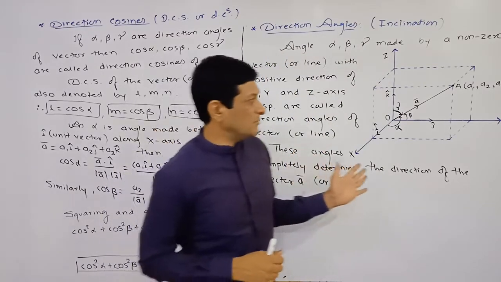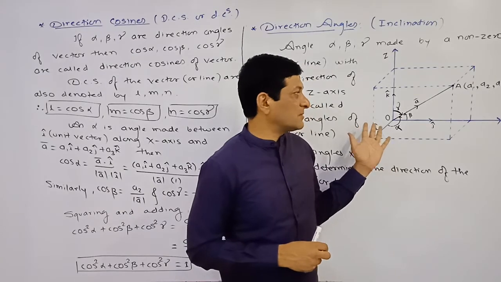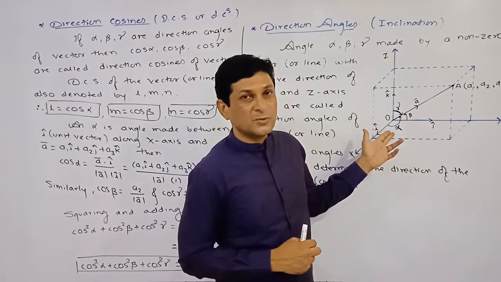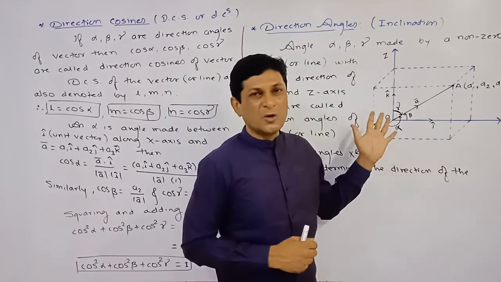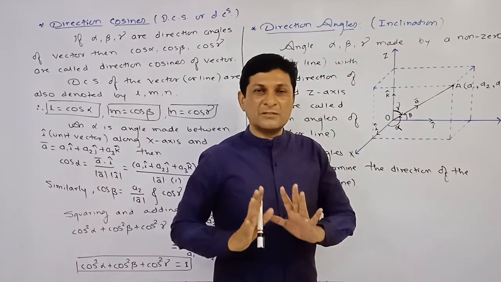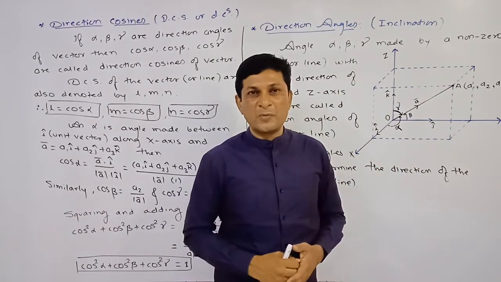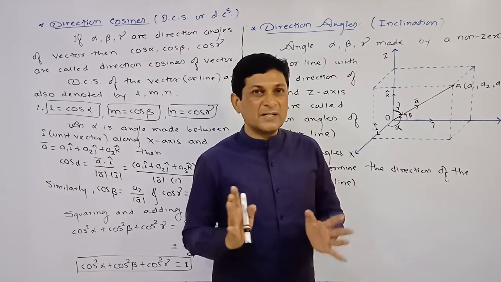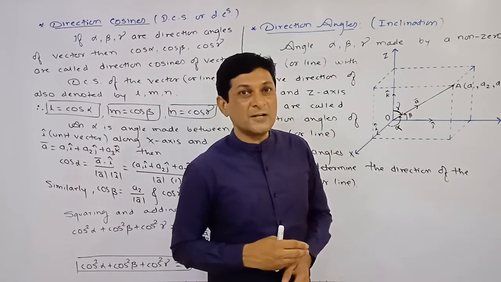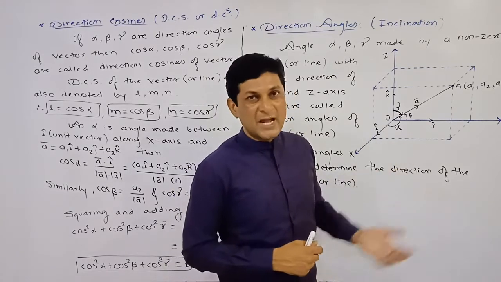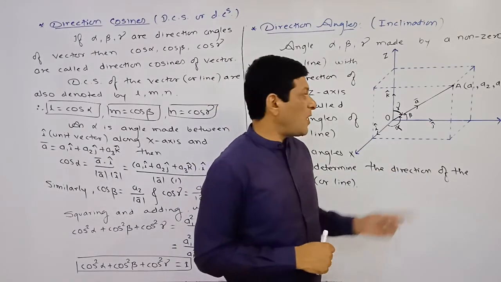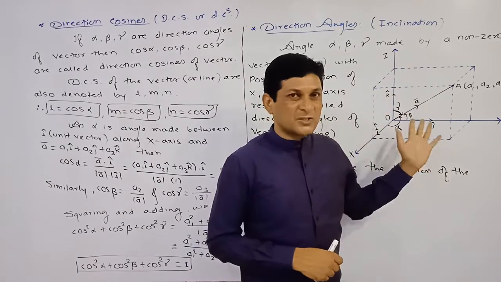Now here we are trying to understand this definition with the help of a parallelepiped. Why are we considering a parallelepiped? So that you understand that we are studying space, not a plane. It is a three-dimensional figure and we know that it has 12 edges.